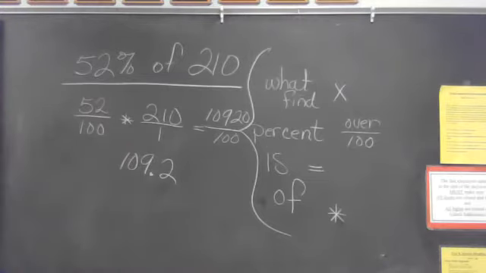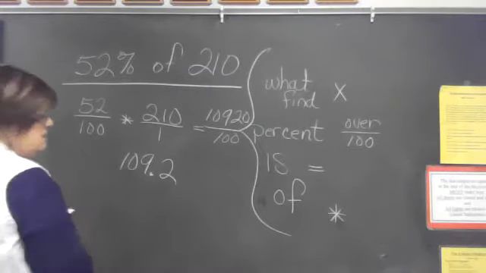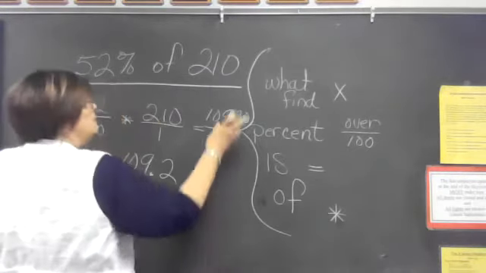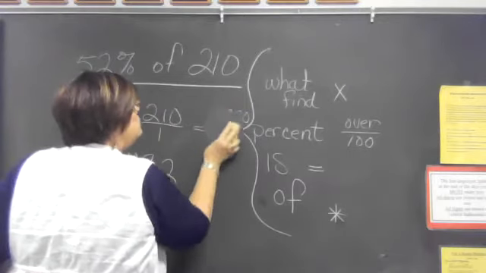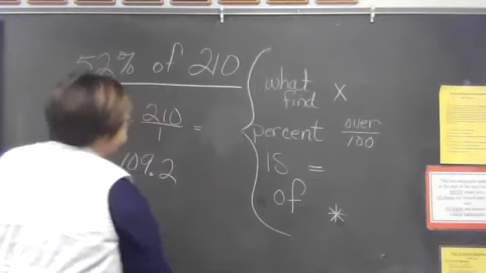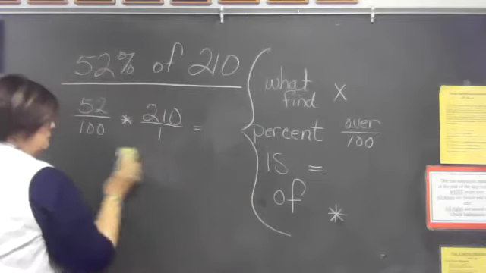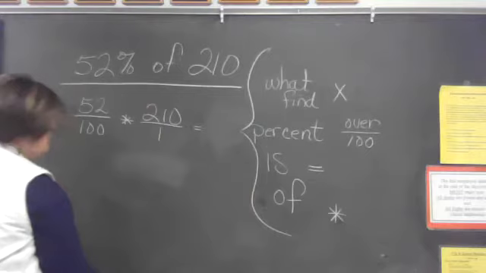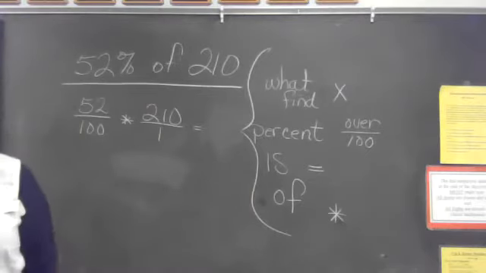Now let's go back and do some cross-canceling and remind you about this, because it is such a time saver. A lot less work, and you can choose to do either. I don't care if you don't cross-cancel, especially since you have calculators. This is okay.